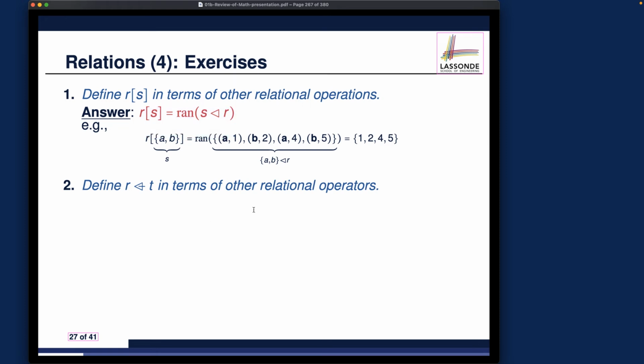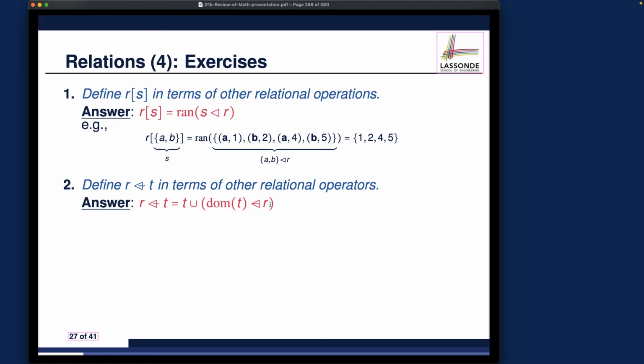Think about all the relational operators that we have discussed so far, and then you will choose some of them and combine them together to define what it means for R overridden by T. All right, you can now pause the video and think about it. Assuming that you try it and hopefully you succeeded, let's now take a look.